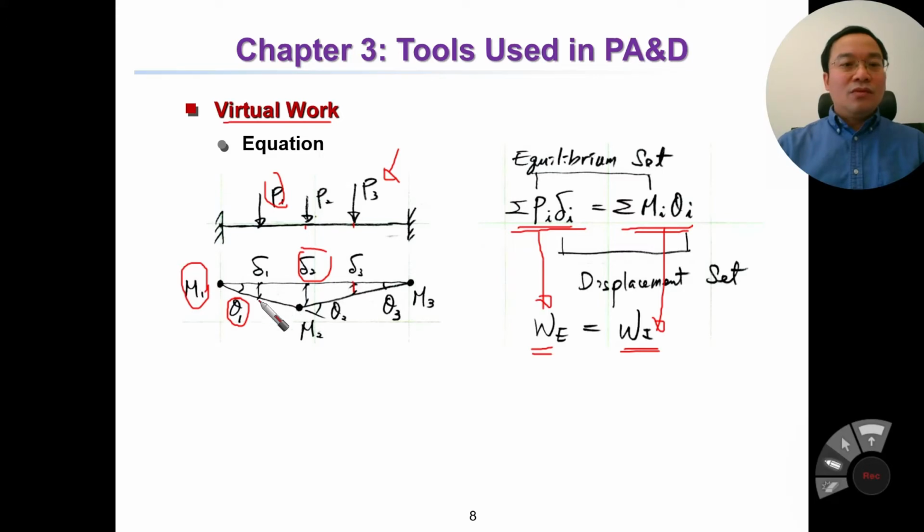Then we also use the displacement set corresponding to the force that we used. That is important, and I hope that from now on you understand how to determine external work and internal work.